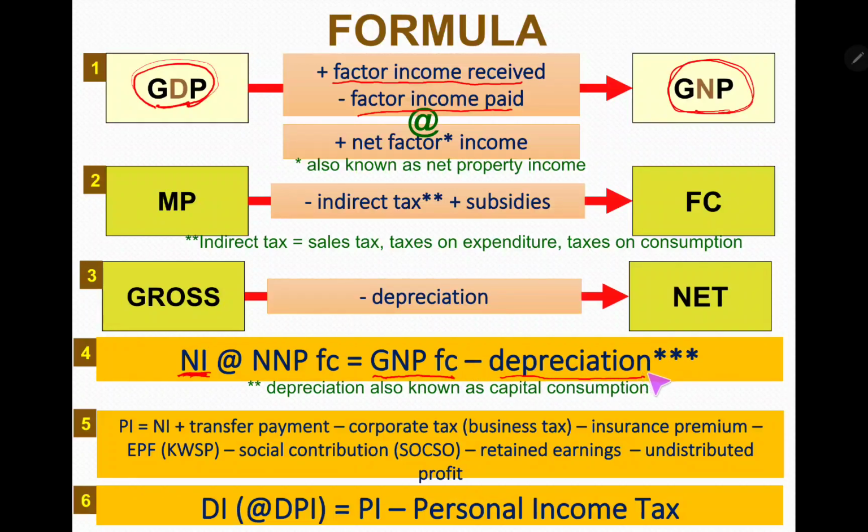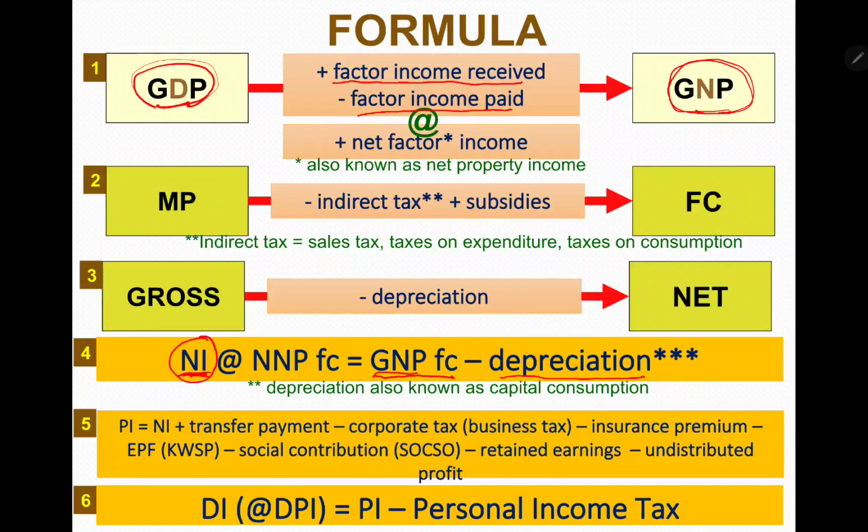So if let's say the first formula that you use will give you the answer in the form of GDP MP or GDP FC depending on the approach that you use. For example, if you use expenditure approach, the first formula introduced just now said that when you apply the formula, then the value will be in the form of GDP MP. So from that first formula, how can you calculate national income?